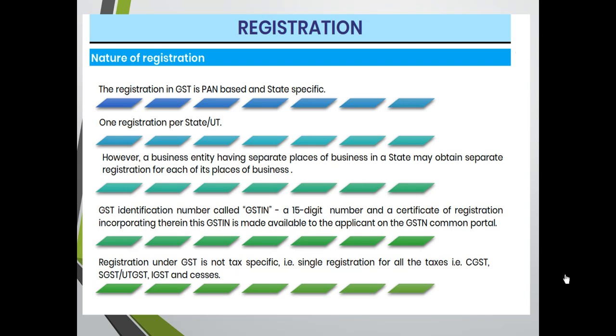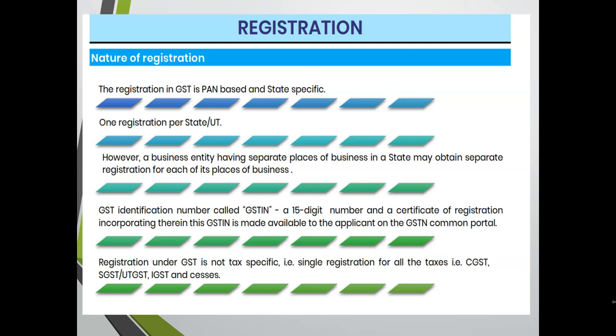GST identification number is a 15-digit number. The first two digits would be the state code. For Kerala, it is 32. For Tamil Nadu, it is 33.